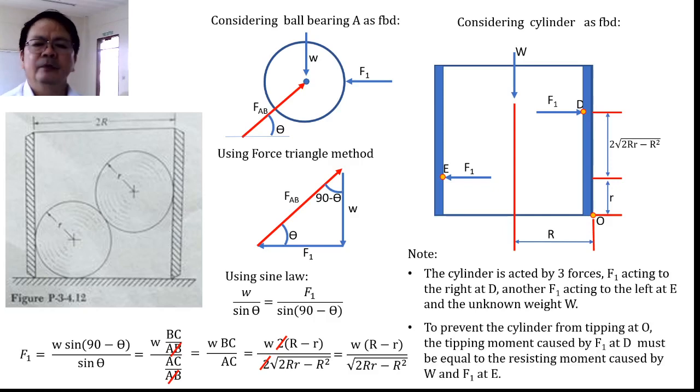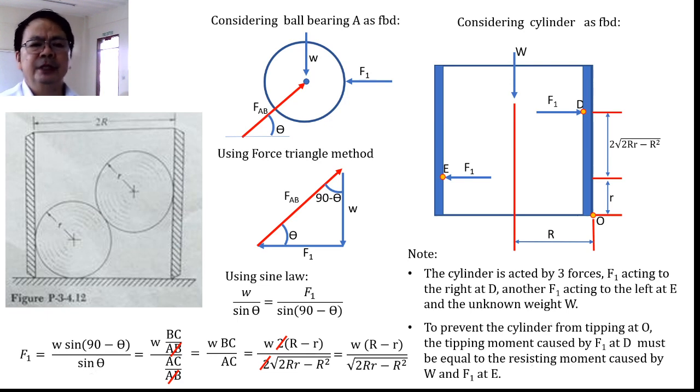So paano ba yon? To prevent the cylinder from tipping over about O, about this point, therefore, the tipping moment, yung moment na magkakos yung tip, and that is actually the moment due to this F1 acting at D, should be equal to the resisting moment.